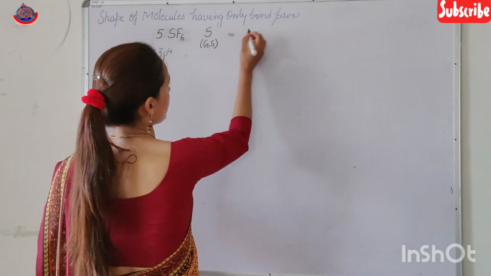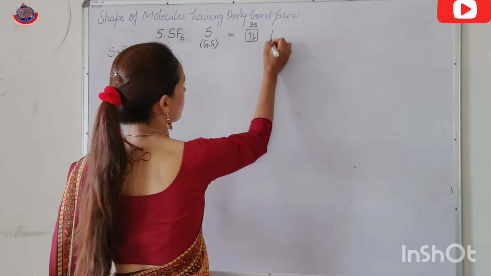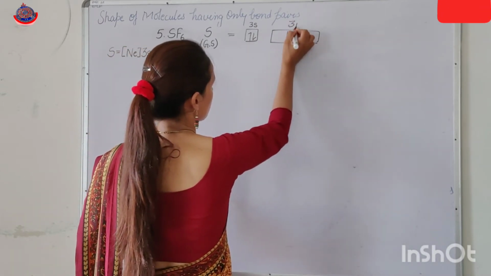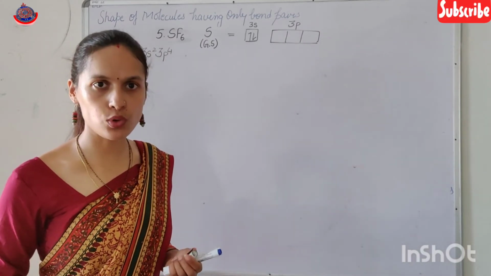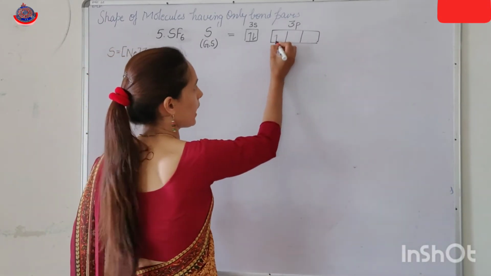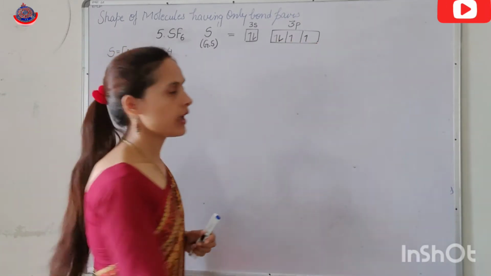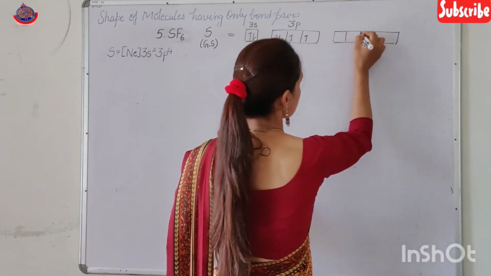So if I write, then here it is 3s2 3p4. Now because 3p is a degenerate orbital, the filling of electrons will be according to Hund's rule of maximum multiplicity, 1, 2, 3 and then 4. And 3d is 0.